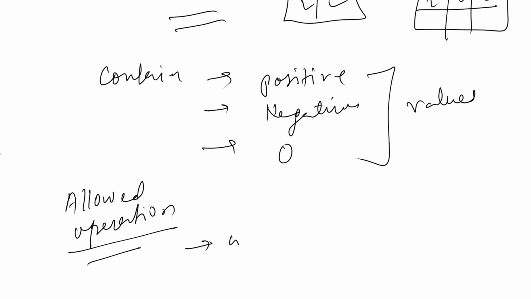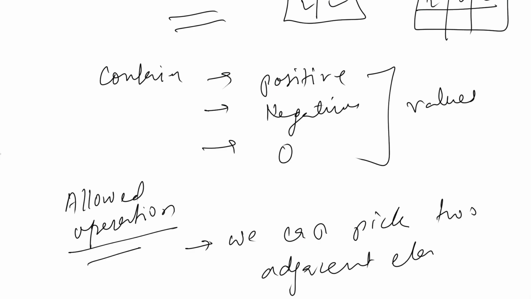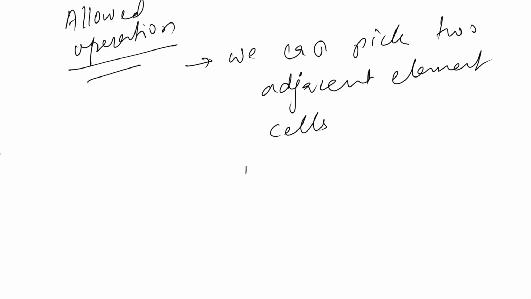So the allowed operation is, we can pick any two adjacent elements, that is called cells, either up, down, left, or right.